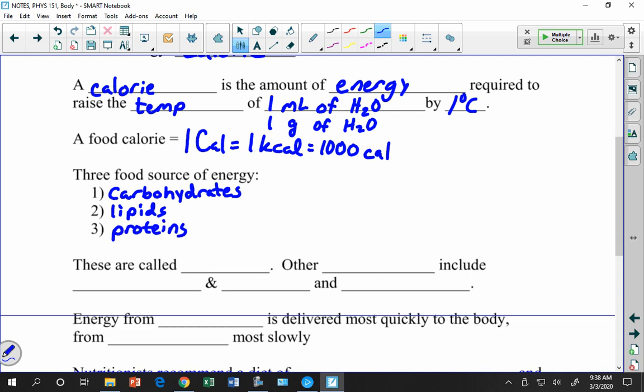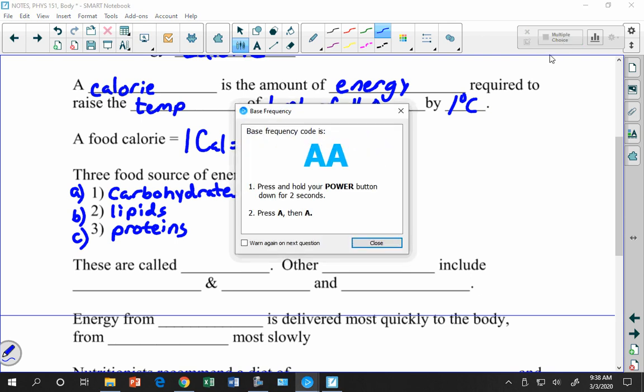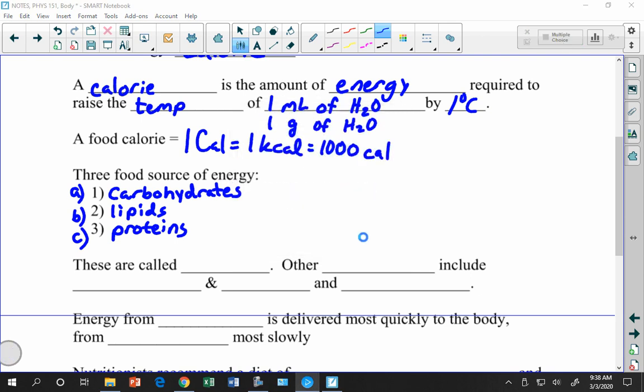Which of these is the most energy dense? Is it carbohydrates, lipids, or proteins? That is, if you have the amount of energy, the amount of calories per mass density.